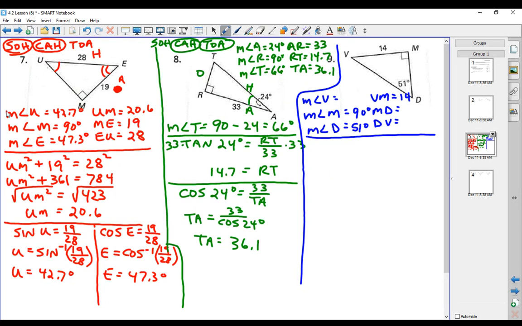So right off the bat, I see that I've got 2 of my 3 angles. We already know we've got a 90-degree angle, so if I take that from 180, that leaves 90 left over for the other 2 angles. So if I want to find the measure of angle V, I want to take 90 minus 51, and that ends up being 39 degrees.